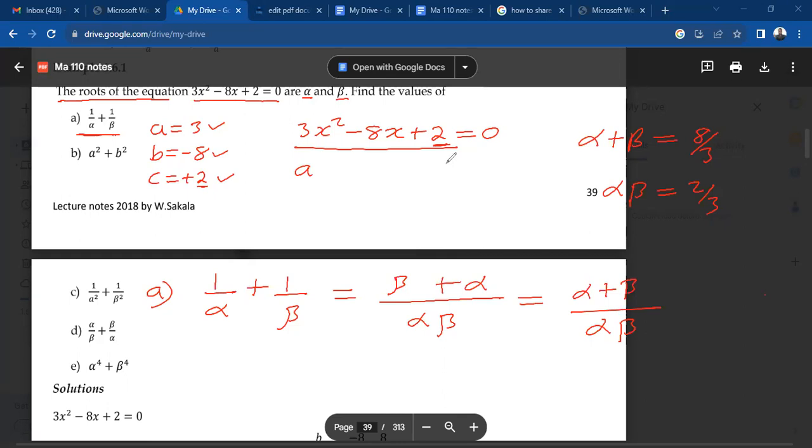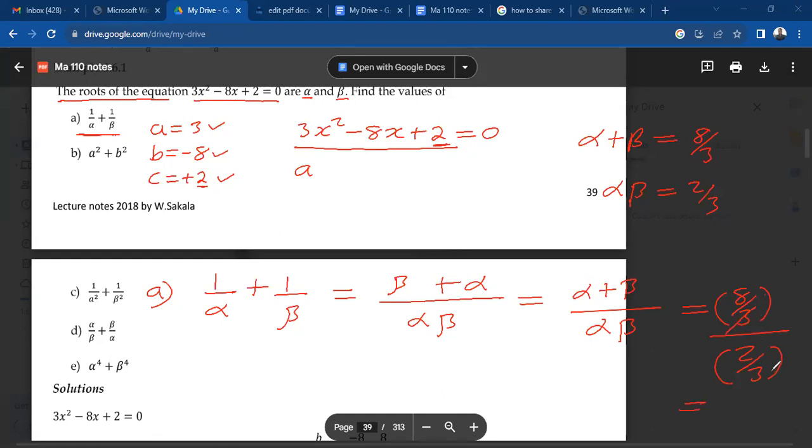Okay. Any questions? If you have a question, you can raise your hand. Then we substitute alpha plus beta. We found 8 over 3. So we just substitute 8 over 3, divided by alpha times beta, which we've already computed, that is 2 over 3. And that will give us 8 over 3 divided by 2 over 3.